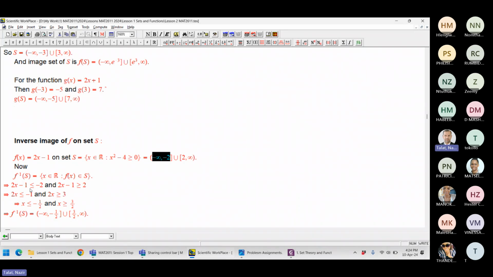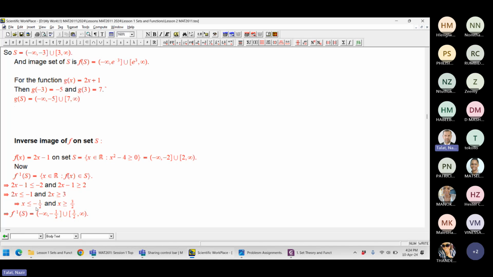On the other hand, we obtain all those entries of the function which are greater than or equal to plus 2. Now, if we solve this for x, it gives us all those values of x which are less than or equal to minus 1 by 2 and all those values of x which are greater than or equal to 3 by 2.